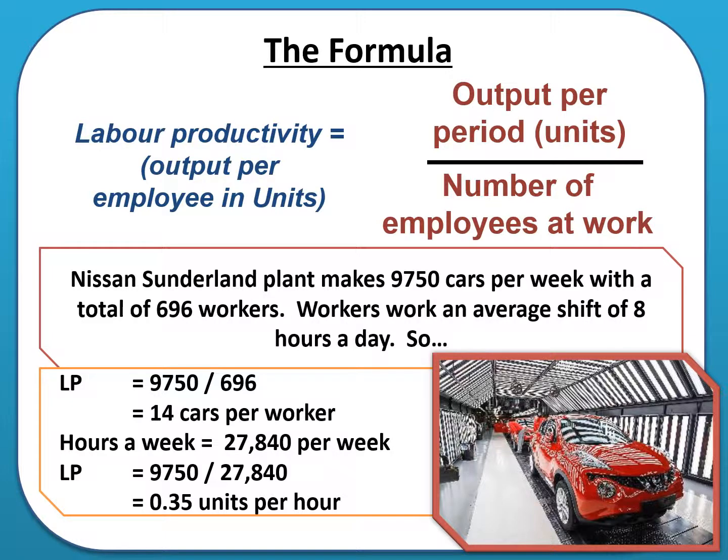So we've been able to work out that per worker you are producing 14 cars per week. Or if you wanted to work out how productive you are by time, then we can work out that 0.35 units per hour is actually being produced.